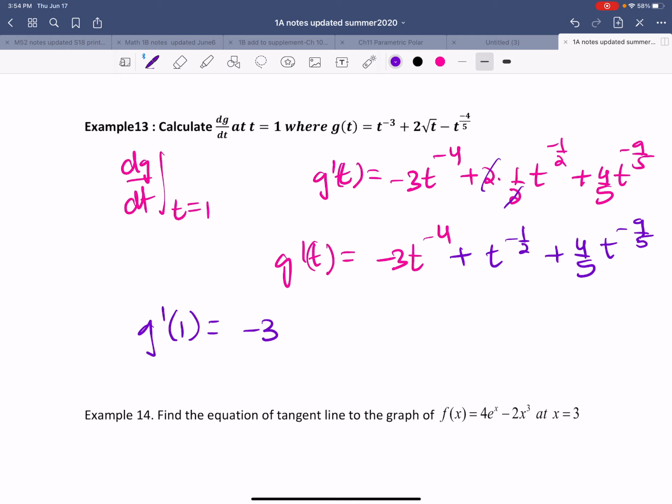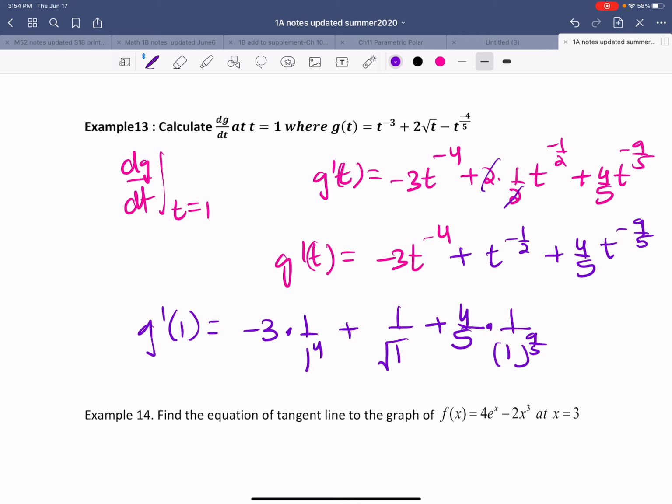So negative 3 times 1 over 1 to the 4th power. I'm just going to use positive exponents. Plus 1 over the square root of 1, plus 4/5 times 1 over 1 to the power 9/5. So I'm bringing the exponents down and making them positive.